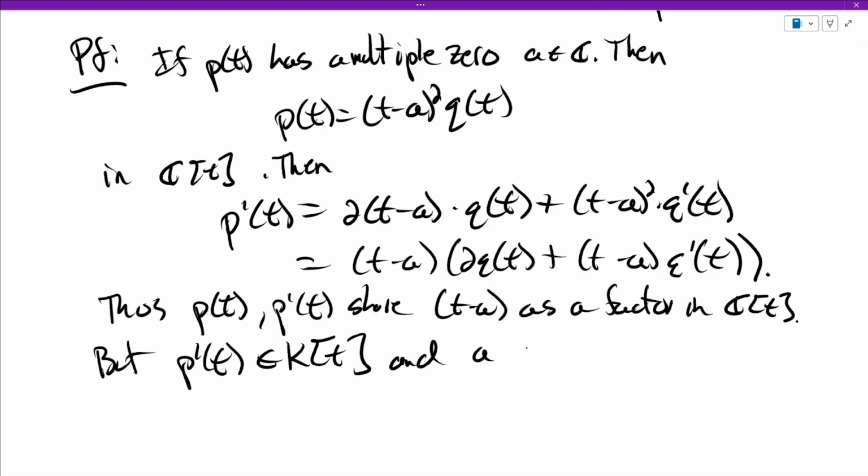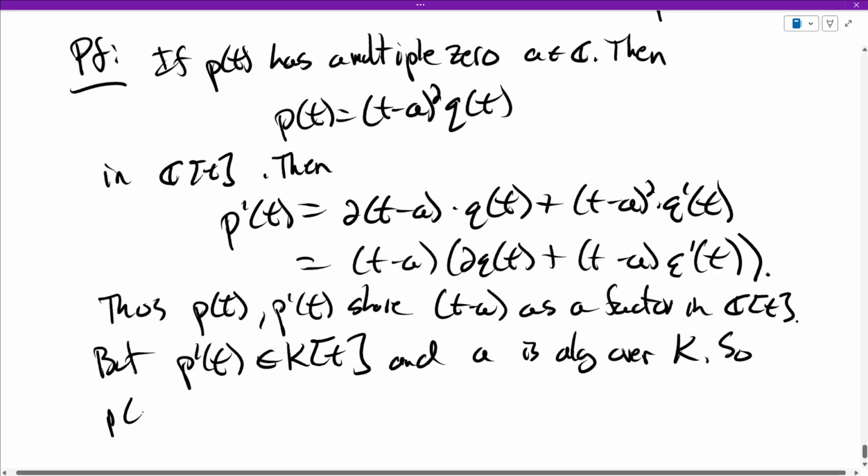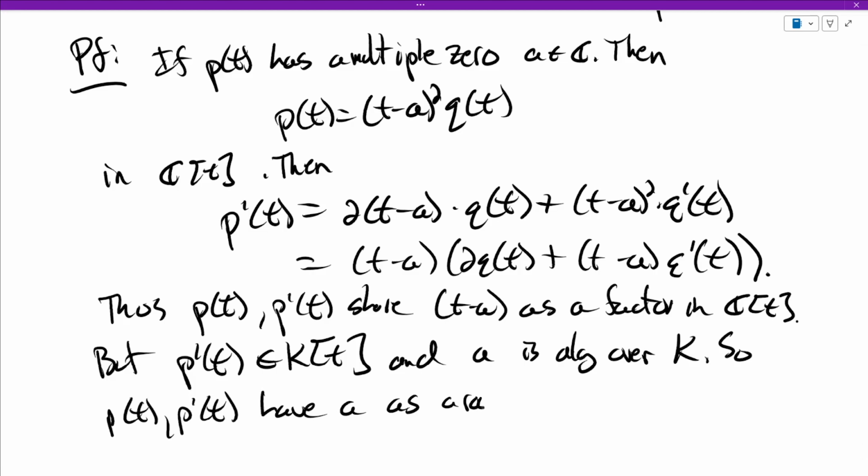And A is certainly algebraic over K because it's a root of P of t and it's also a root of P prime of t. And what do we know about the minimal polynomial? We know the minimal polynomial of A has to divide any polynomial that has A as a root.